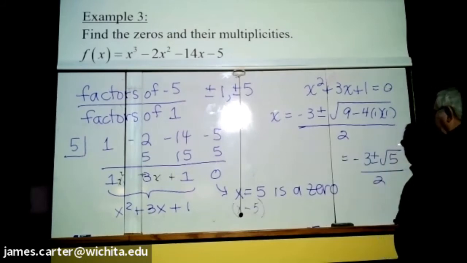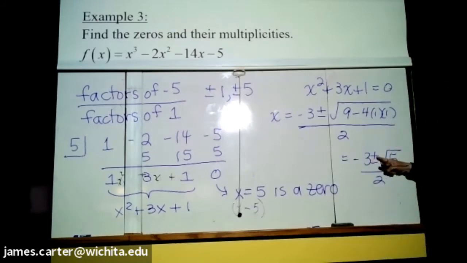Okay? That simplifies to 3 plus or minus square root of 5 over 2. And those are your actual values.